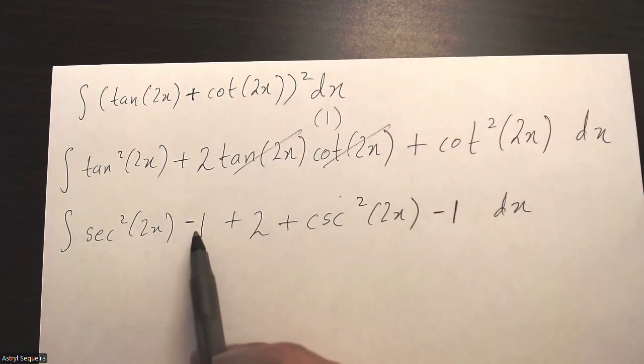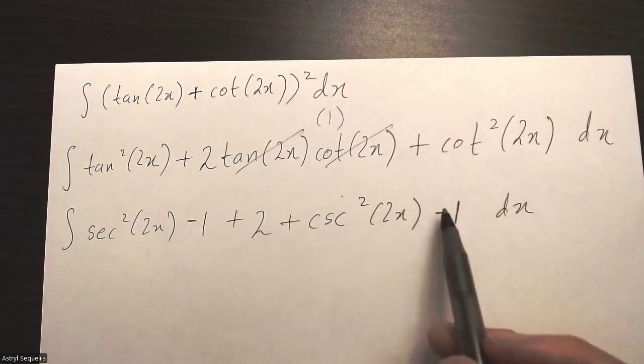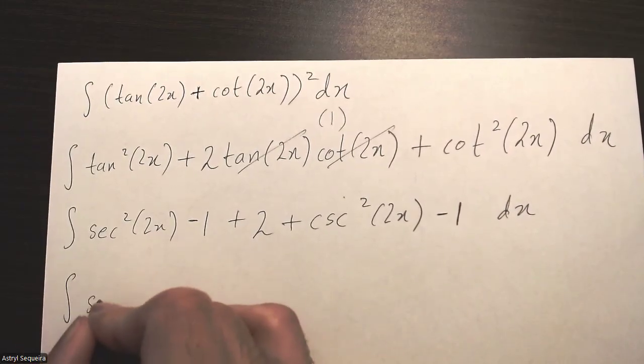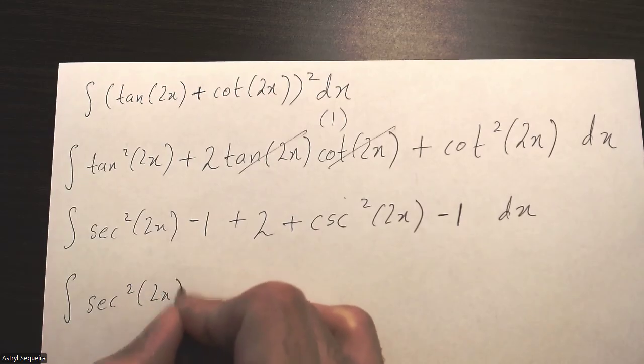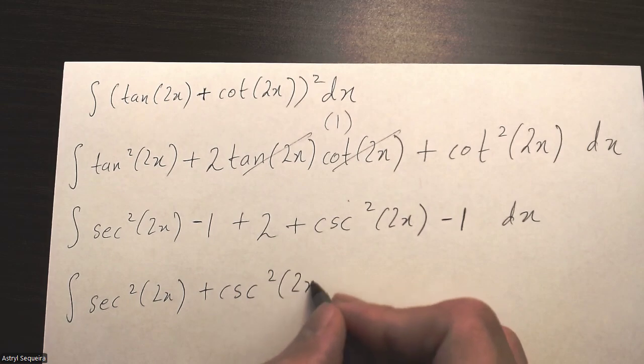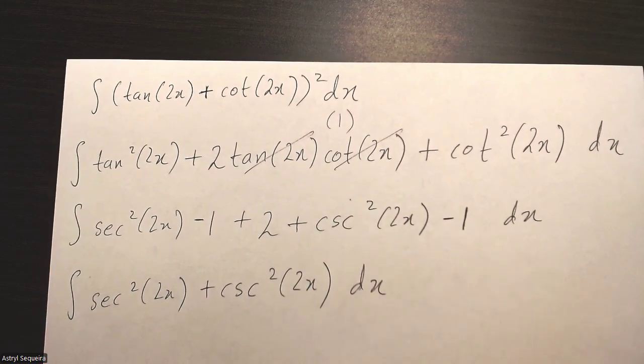Now I can simplify this by combining like terms. Negative 1 plus 2 plus 1 just cancels out. That's just 0. So I'm just left with the integral of sec squared 2x plus cosecant squared 2x.